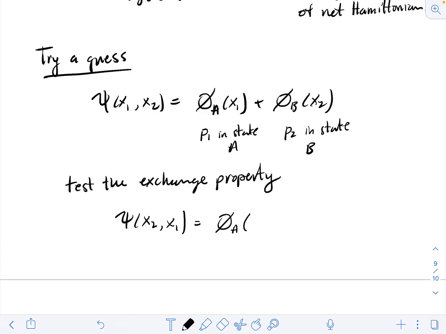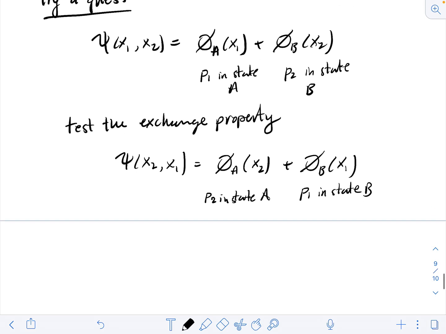And so now we have particle 2 in state A, and over here we have particle 1 in state B. Okay, but that's not the same.